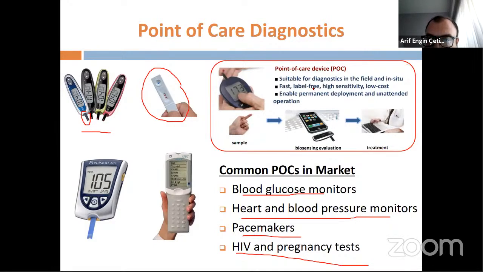POCT devices are suitable for diagnostics in situ, in the field. In the field means that you can use POCT devices anywhere: in airports, in home settings, in rural areas, any location without well-developed infrastructure like hospitals or laboratories.